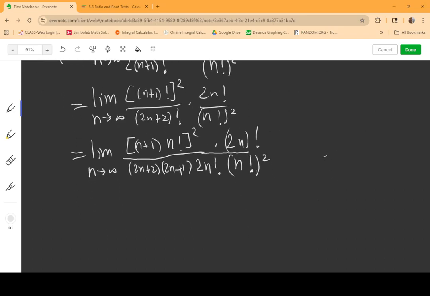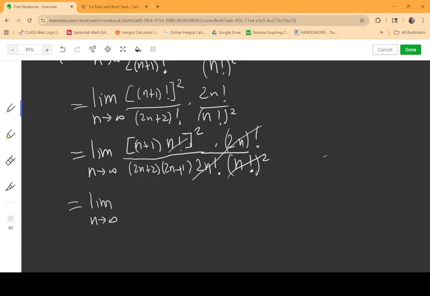Okay. Now we can see by stopping where I did, I can simplify some things out. So here, that simplifies to 1. The squared here also simplifies to 1. And now what's left here? The limit. Now be careful here: (n plus 1), no more factorial, but that whole quantity is squared.